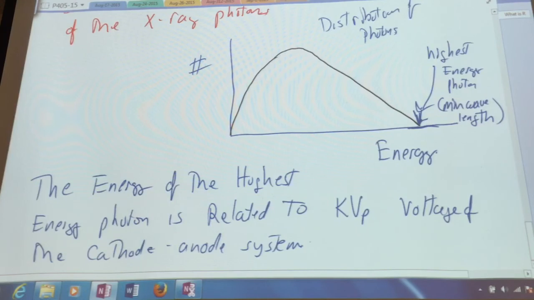So the energy of the highest energy photon is related to the kVp voltage of the cathode anode system.